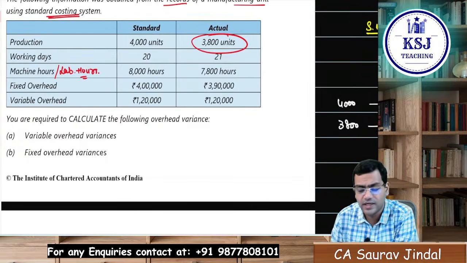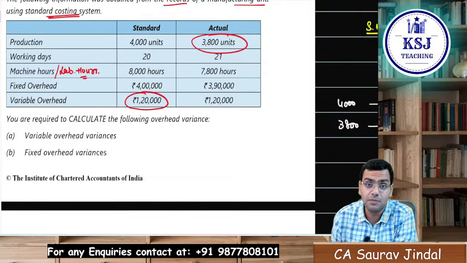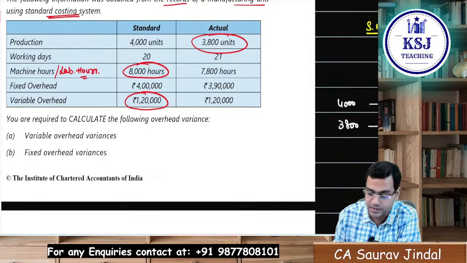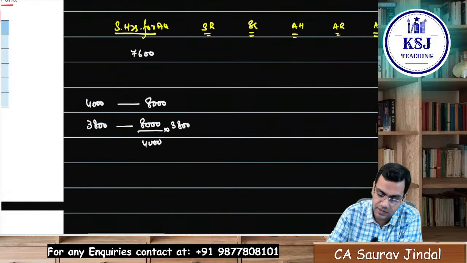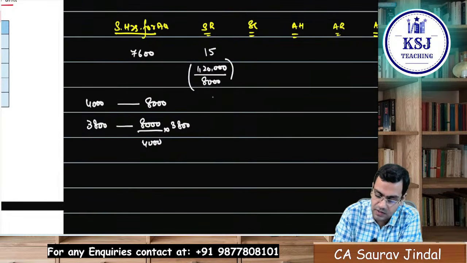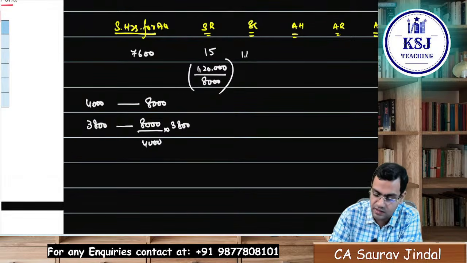How will you calculate the standard rate per hour? 1,20,000 is the standard variable overheads for 8000 hours. I needed it per hour, so divided by 8000, the standard rate will be 15 rupees. That is the standard variable overheads divided by the standard hours, 8000. So what will be the cost now? 7600 multiplied by 15, that is 1,14,000.